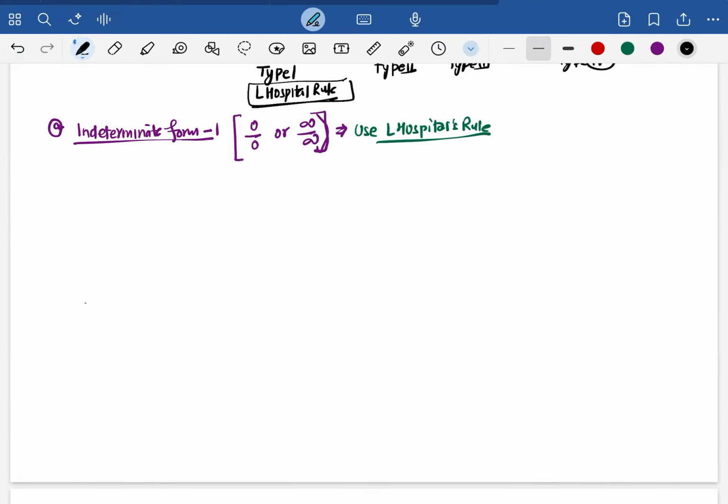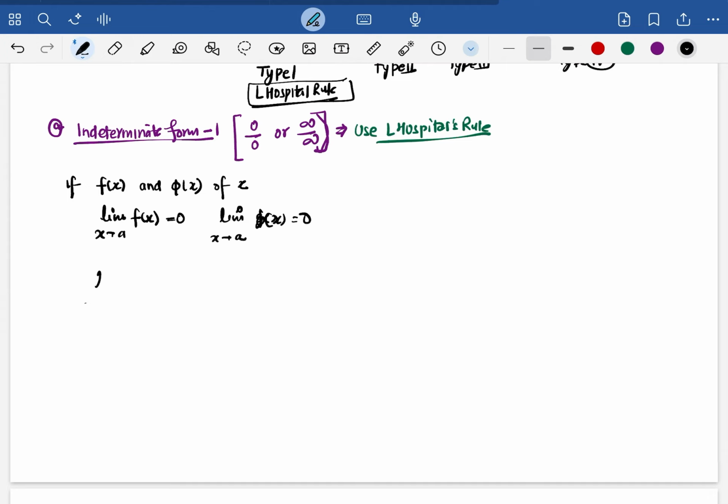Let us say there are two functions, f(x) and phi(x), of x. And let's say the limit as x tends to a of f(x) is 0, and the limit as x tends to a of phi(x) is also 0.